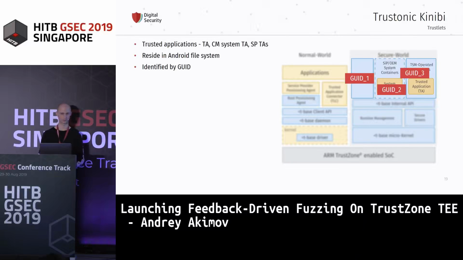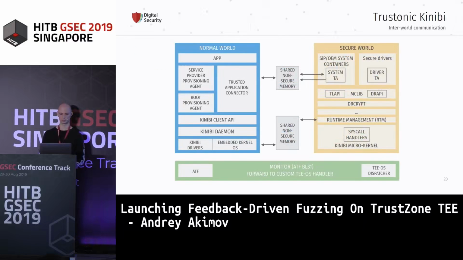Now with those trusted applications or trustlets, although they are all similar, they differentiate in their functions to content management trustlets, service provider ones, and usual trustlets. Some of them are in a boot image, but most of them reside in Android file system. They are identified by GUID, and all trustlet files we found are also named as GUID plus tlbin extension.